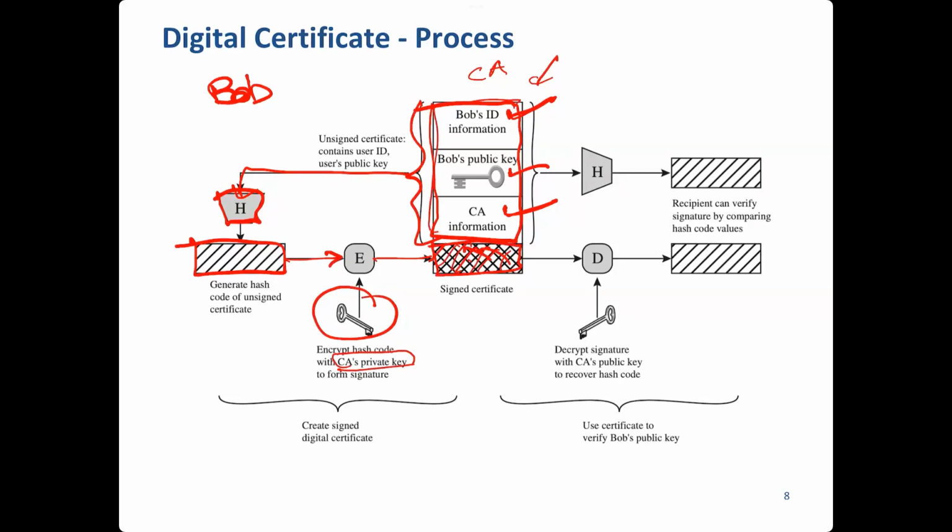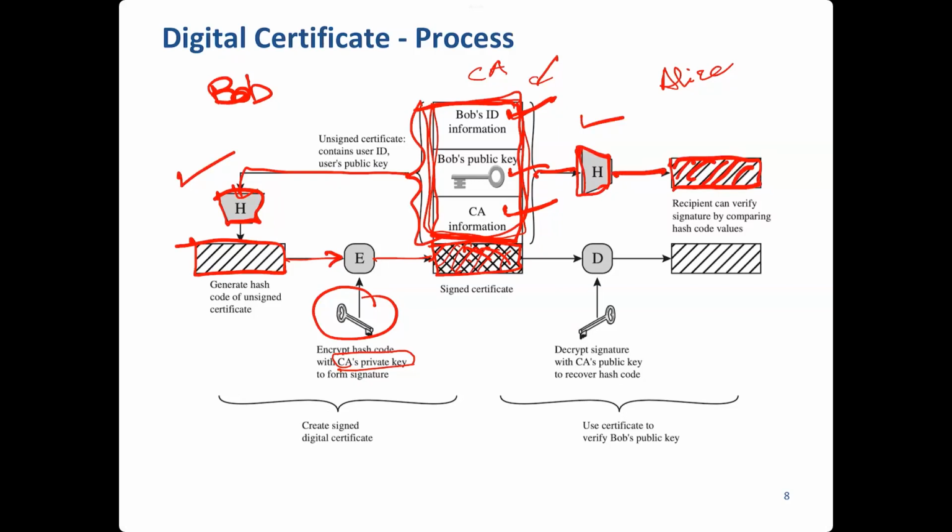When Alice receives this, what will she do? All this part is in plain text. She will take this and compute the hash of that. This hash and the hash which the CA computes are the same, because the hash function is published and known.